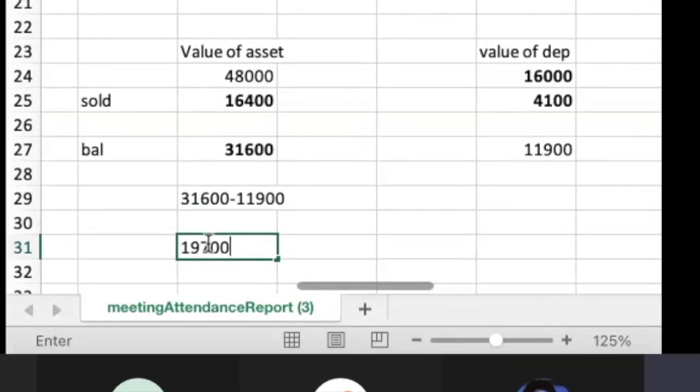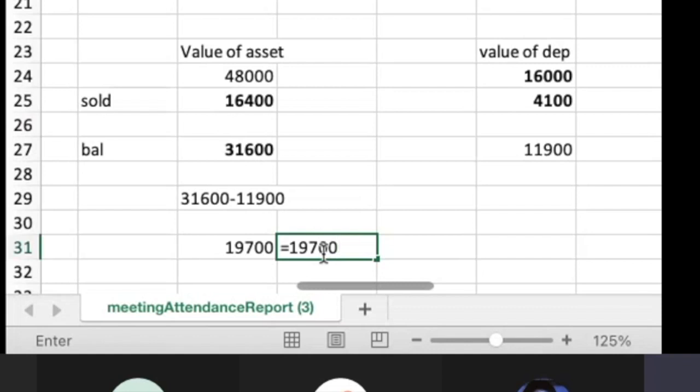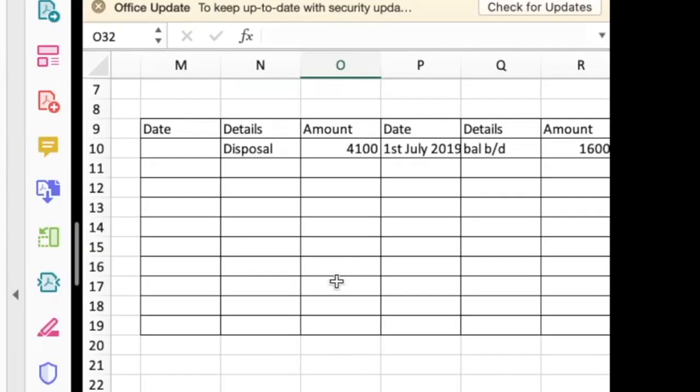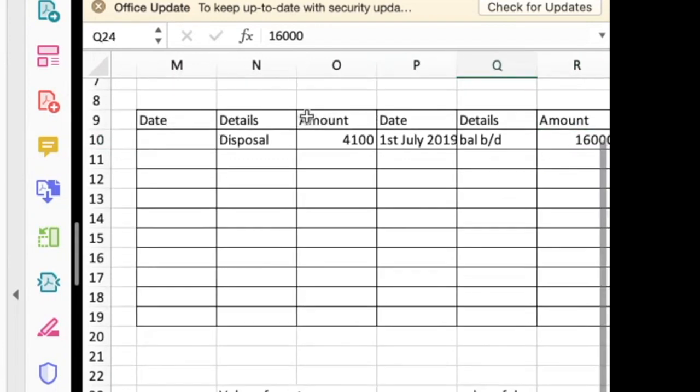19,700. Now we will apply the new depreciation on this asset. What is the value times 25%? And what is the current value of the depreciation? 4,925. So what we have done is, original value of the previous depreciation minus the value of the depreciation of the asset which is sold.